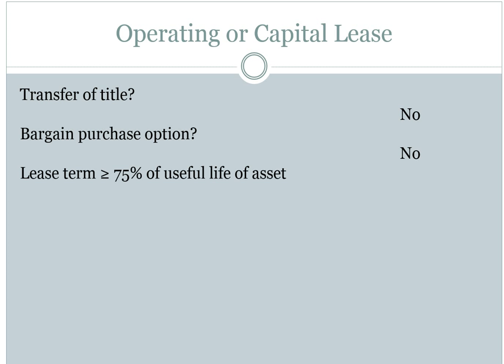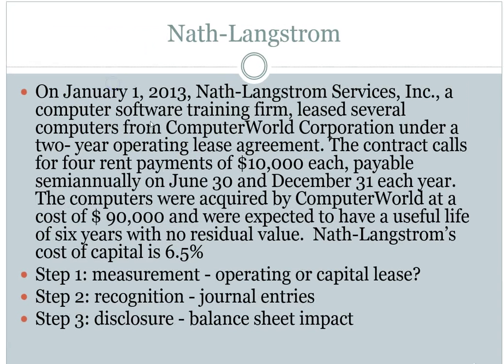The third question, which is where we begin to get into a little bit more analysis, is the lease term greater than or equal to 75% of the useful life of the asset? Well, again, we go back to the original data here, and we can see that the lease term is for 2 years. We've got a 2-year lease agreement, and the expected useful life of the asset is 6 years.